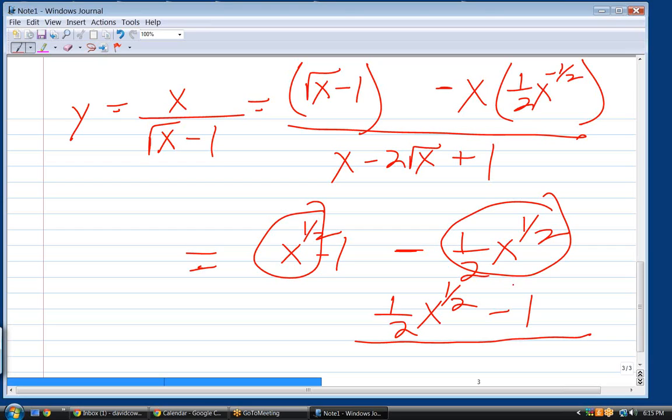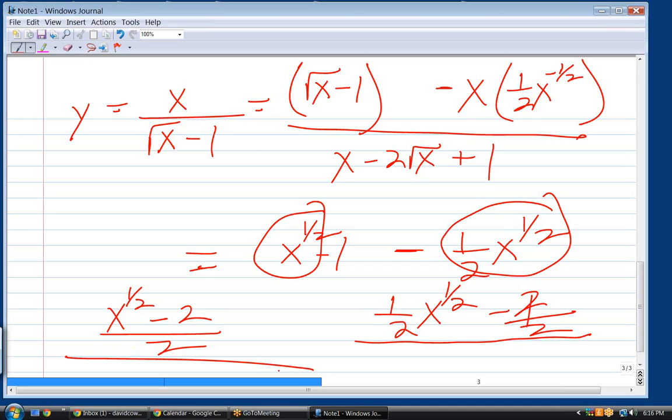And so if I want to get rid of this 1/2, I'm going to need a common denominator. So let's make it 2. I'll make that 1 look like that. And now the numerator looks like x to the 1/2 minus 2 over 2.